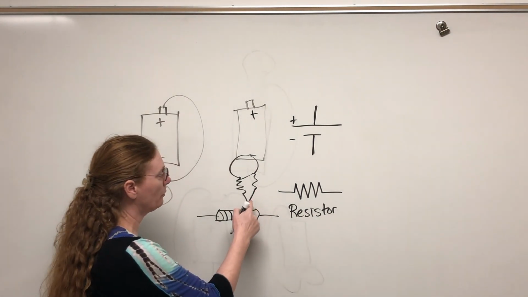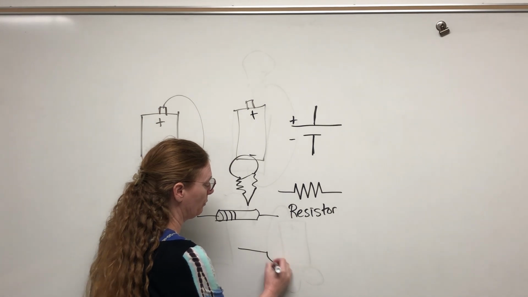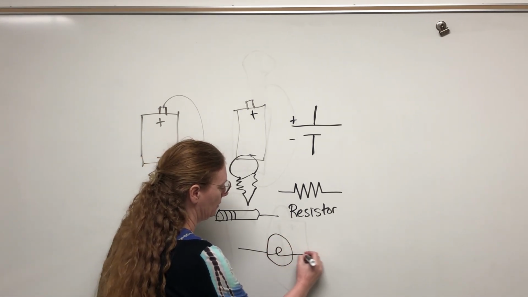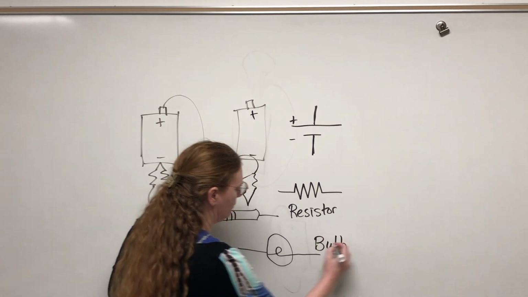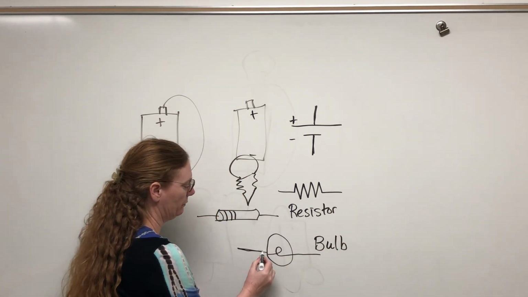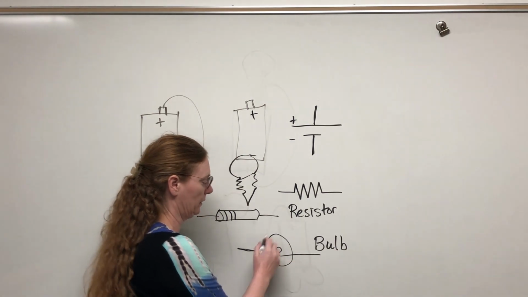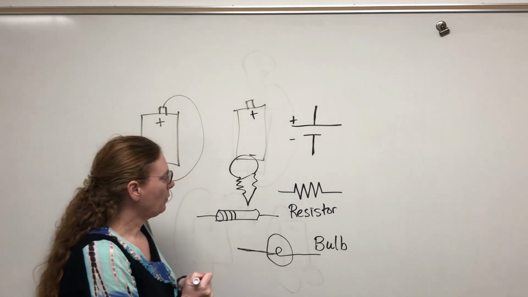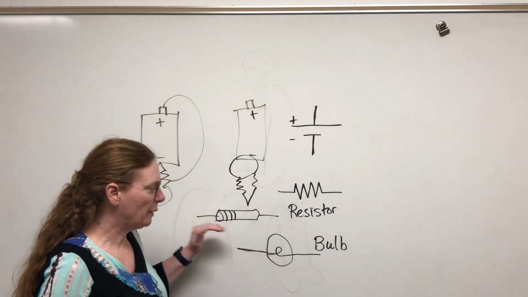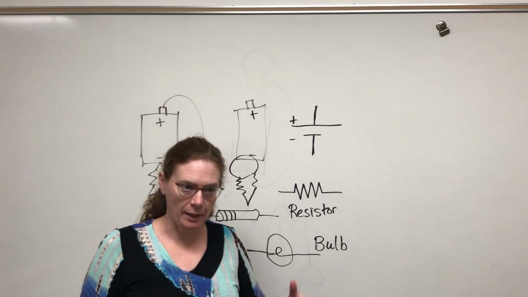We can also talk about a bulb as a bulb, and what I do for bulbs is something like that, where we have the electricity that comes in, it goes through the curly filament and then goes out, and then there's the glass around it. So those are some very basic bulb battery schematics.